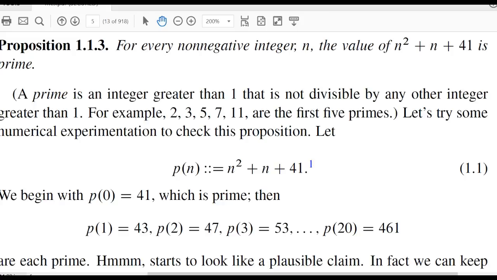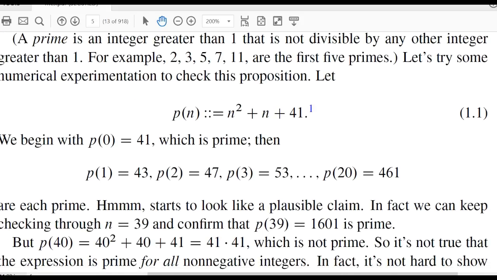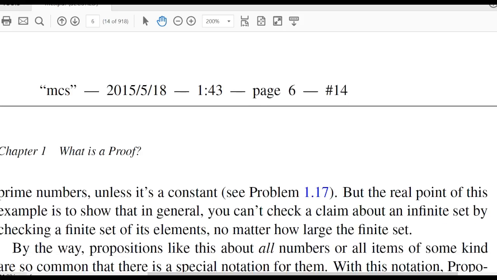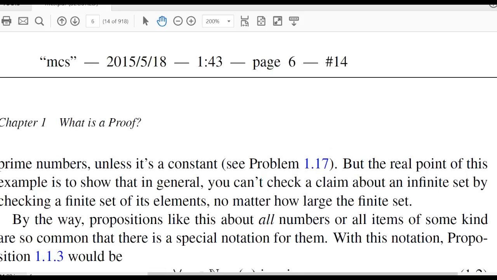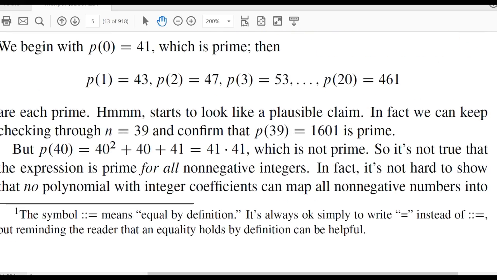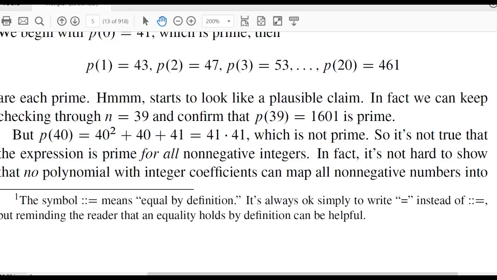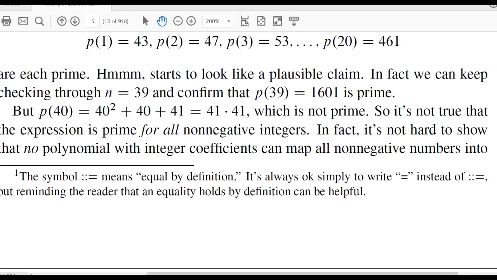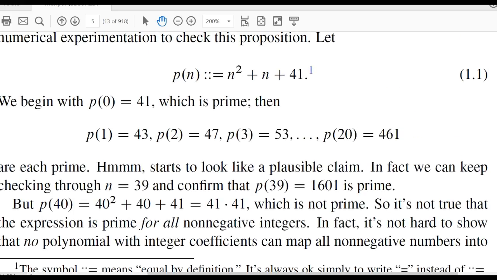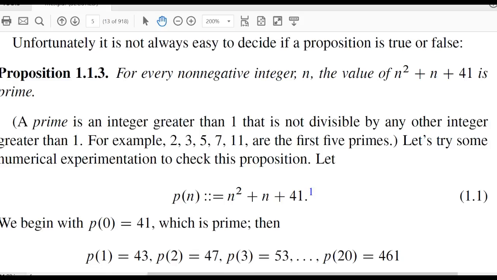In this case, this statement is basically false, because we can come up with a counterexample. So it's not prime for all non-negative integers, although we could come up with plenty of examples in this case.